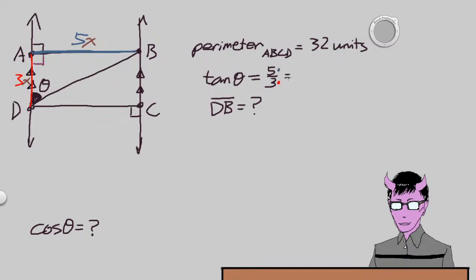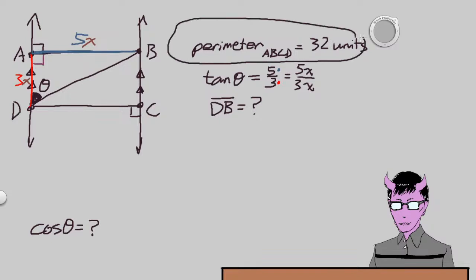So if you set up the actual proportions, the actual ratio is 5x to 3x. You can see that the x's will cancel because they're not 0, and will get you back to this reduced fraction. So that's what we know. In addition to that, we are given this other factoid. The perimeter of ABCD is 32 units. Alright.